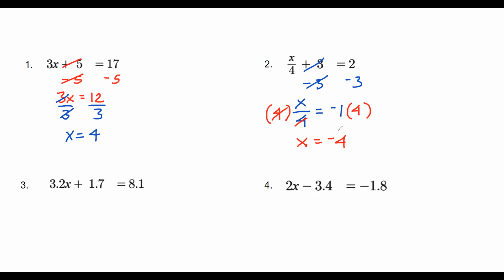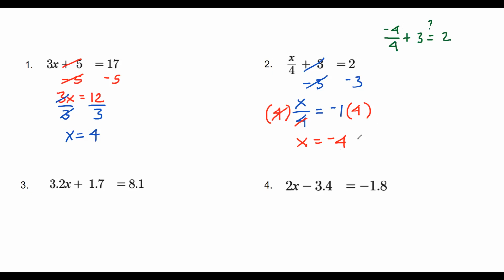Let's test that answer, because whenever there's a negative involved, you might be a little bit less confident in your answer. So in this equation up here, x divided by 4 plus 3 equals 2. Let's replace x with negative 4. Negative 4 divided by positive 4 plus 3. And we want to know, does that equal 2?